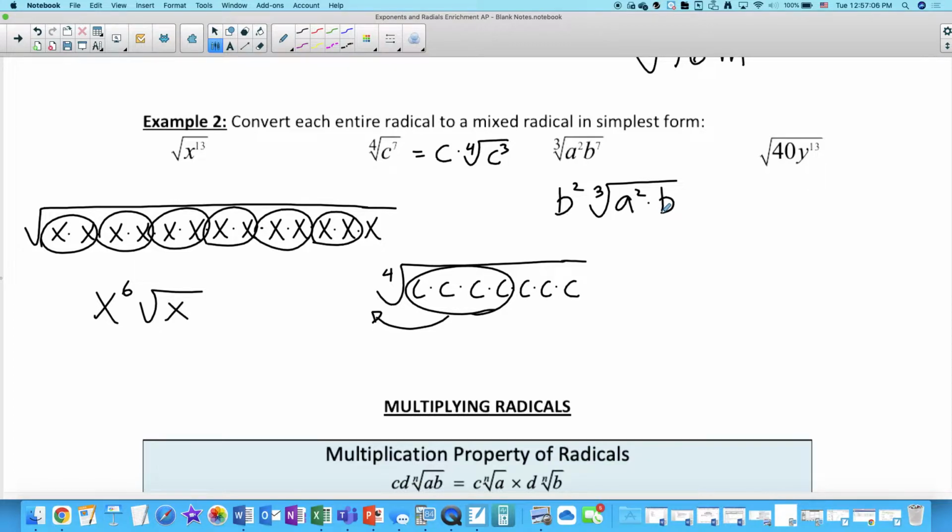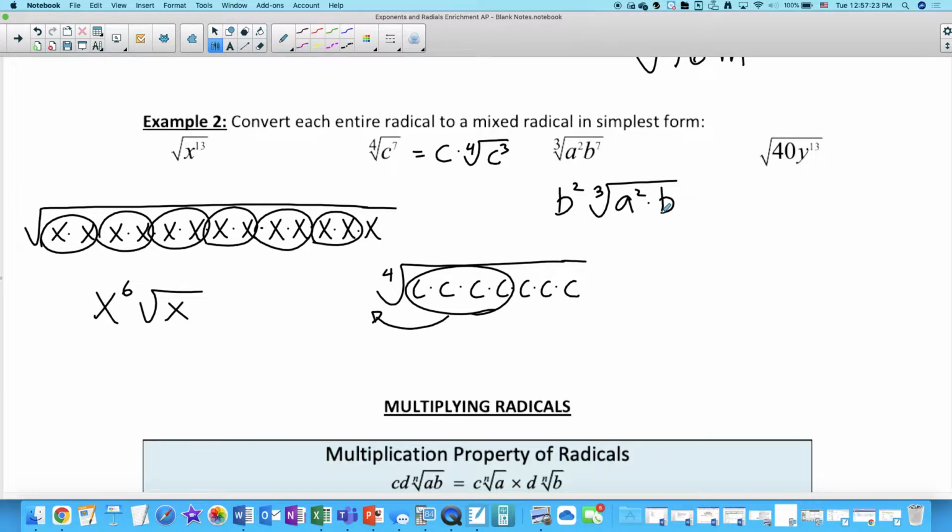Okay? Now I'm looking at the square root of 40y to the 13. So you need to simplify the square root of 40 as well, right? There's where you're thinking prime factorization.